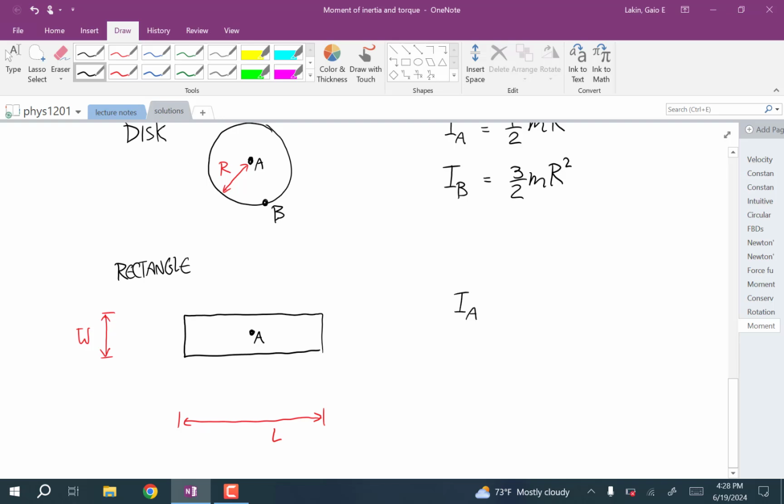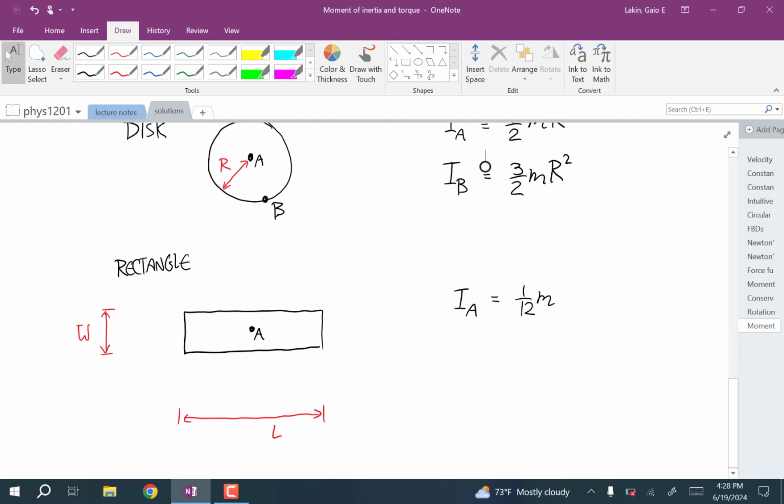Then the formula for that is 1/12 times the mass times the quantity length squared plus width squared.